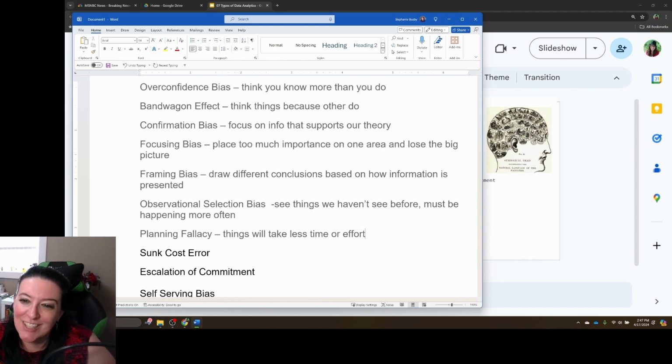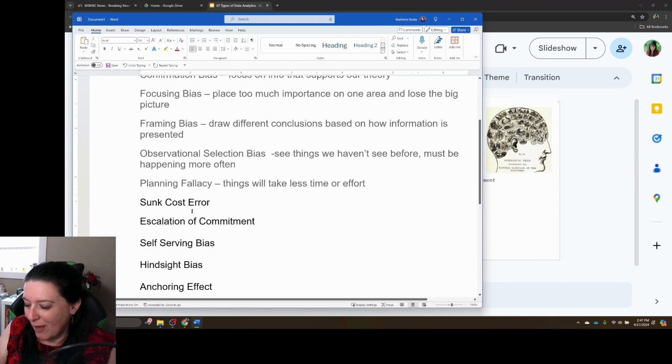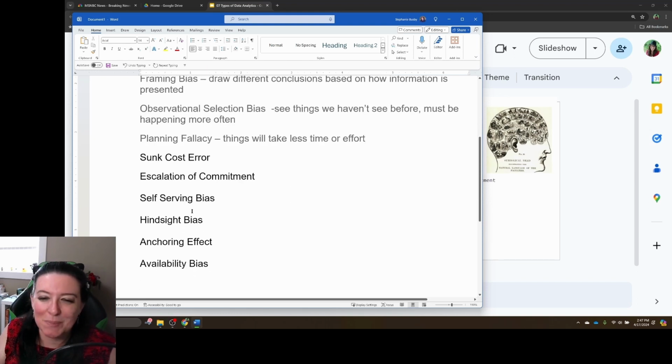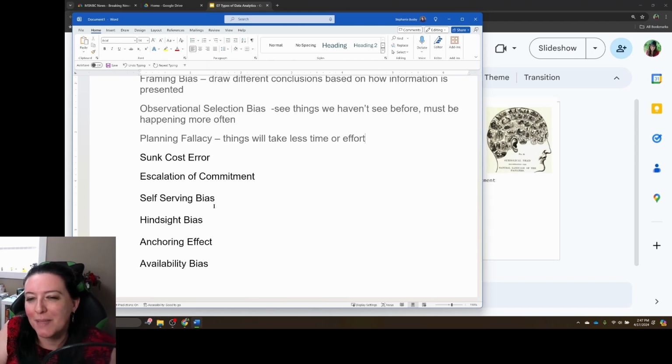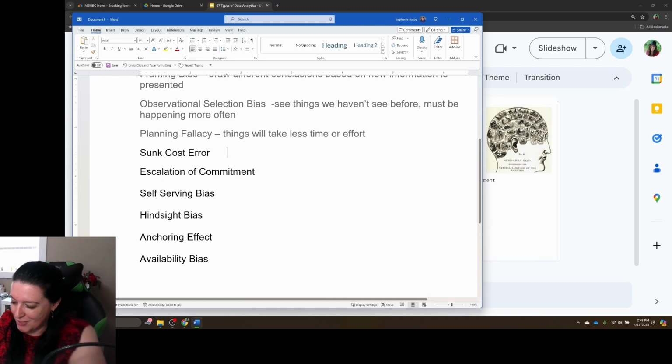If it actually takes longer, more effort than you had planned, then we are being influenced as well, right? We have this unrealistic expectation that impacts what we choose to do and how many activities we get involved in, because we all think, there's no problem. It doesn't take too much time. I'll get it done. There's a couple more we want to go through, so let's just crank through them here.